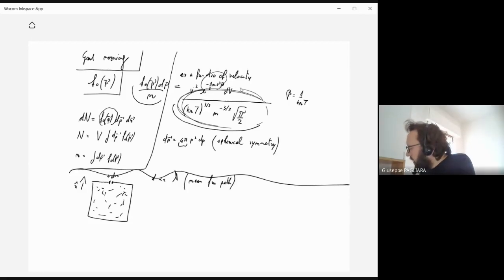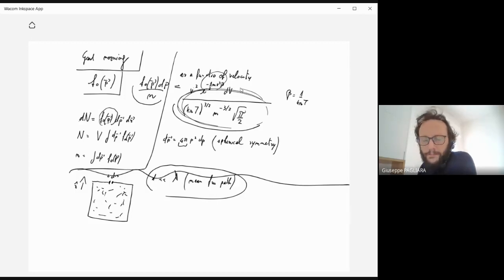The assumption that d is much smaller than the mean free path basically tells us that when a particle is close to this hole, it can flow across the hole without any other collision. This is a very important remark, because this is the condition for having what is called effusion.